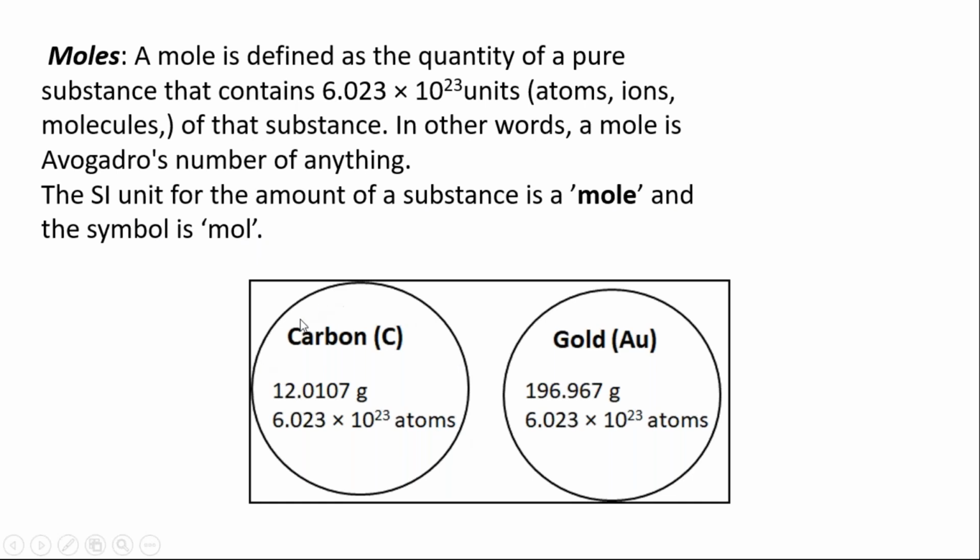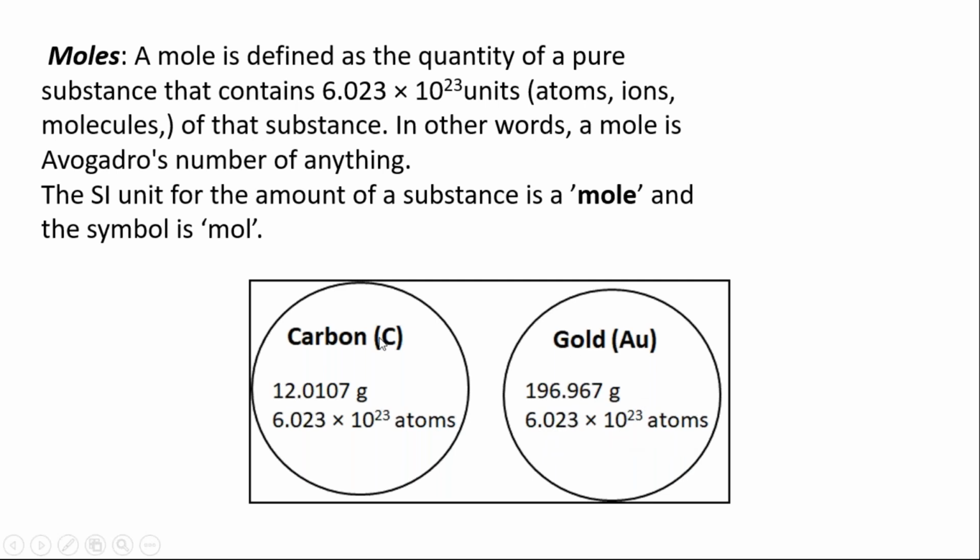So therefore you see 1 mole of carbon weighs 12.0107 grams. However, it contains 6.023 into 10 to the power of 23 atoms. Gold, on the other hand, 196.967 grams of gold also contains 6.023 into 10 to the power of 23 atoms.